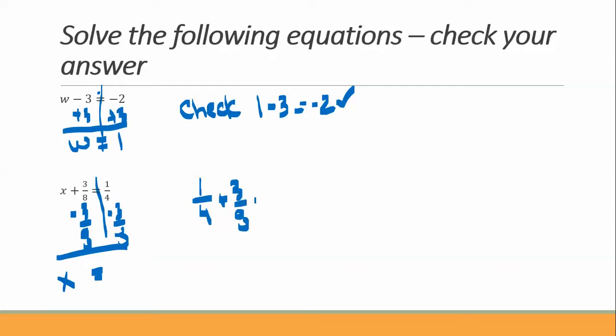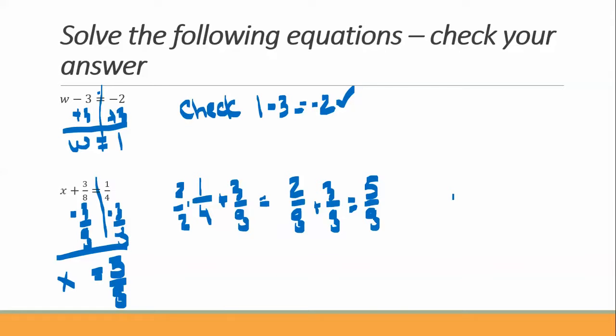When we add fractions, we need a common denominator, so we'll multiply this one by 2 over 2. That gives us 8 for both denominators, so we have 2/8 plus 3/8 is 5/8. So x equals 5/8.